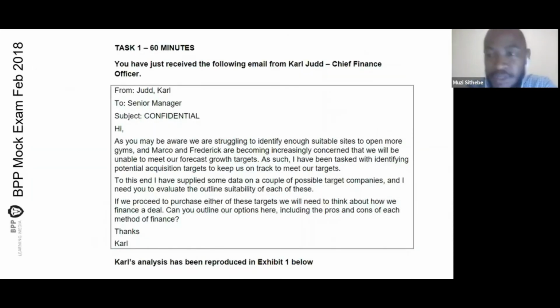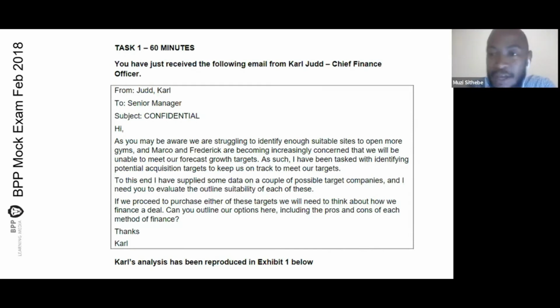Then also included as part of the study material through IBTC, you will get mock exams for that specific sitting. This is very important: in your preparations, you're going to go through all the work in the study text, and work through the workbook, which gives you some case study style questions based on different scenarios.